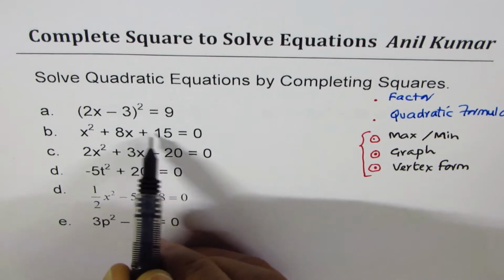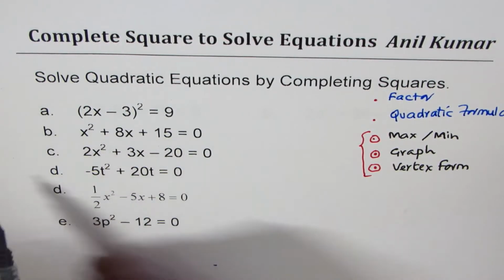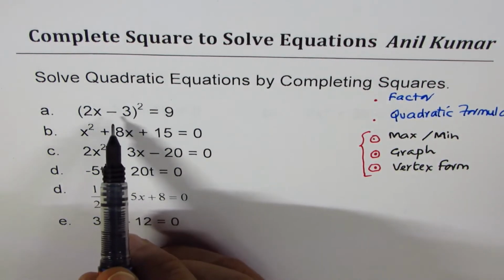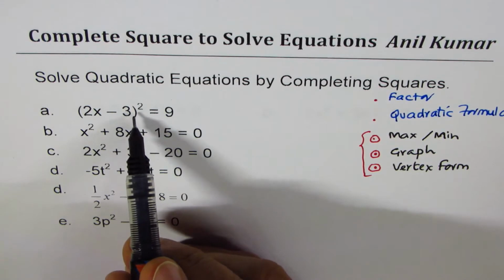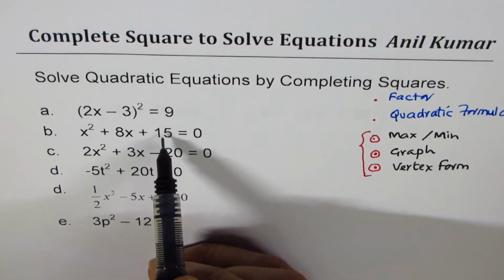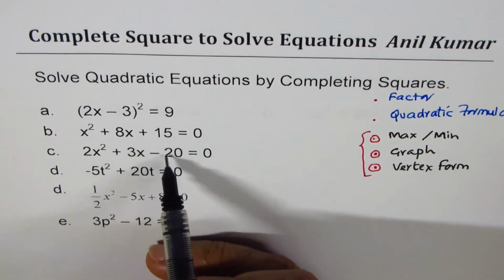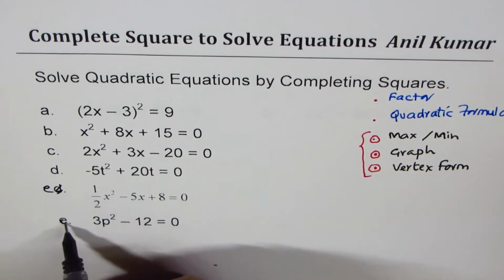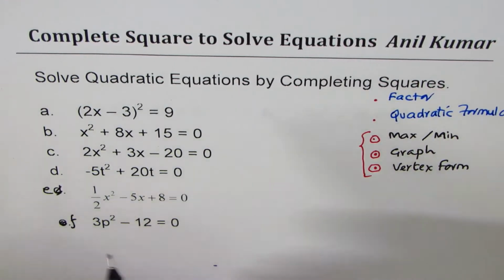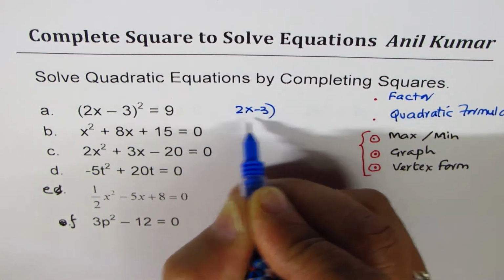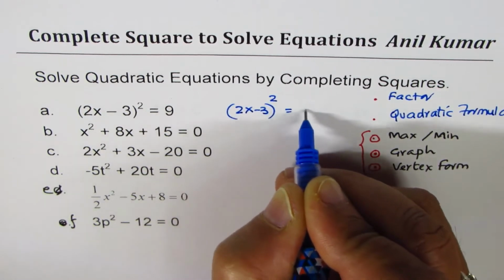You have to complete squares to get to this form, which is shown in A. In this part, I already have a completed square, and I'll show you how to solve that portion, and in the later half we'll take up all these other examples, right? I just added a few more. Okay, so let's do the first one, which is (2x - 3)² = 9.